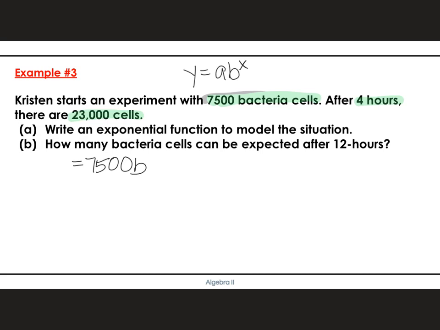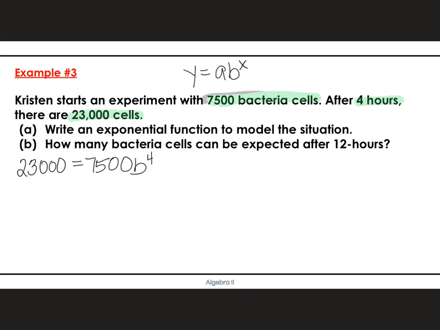That's what I don't know. And then to the x power, and in this case, our x is going to represent the time, which is 4 hours. And then I want to know in those 4 hours when I'm going to get 23,000 bacteria, so it's going to be equal to 23,000.